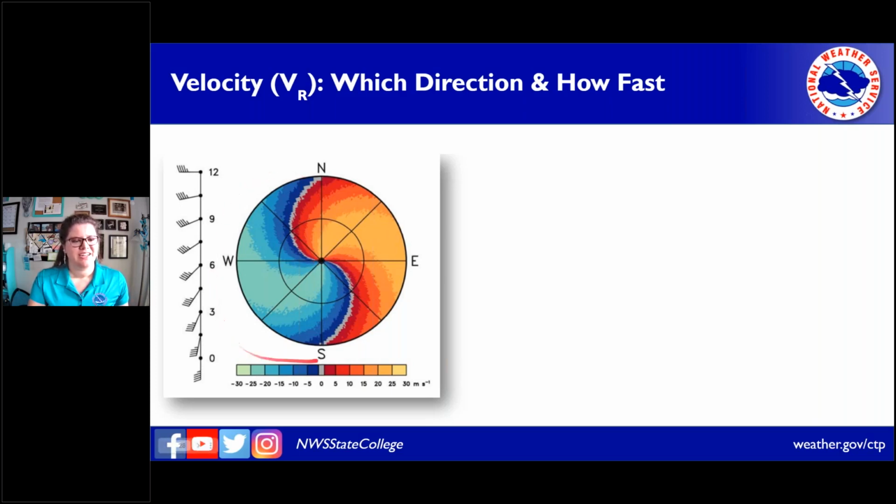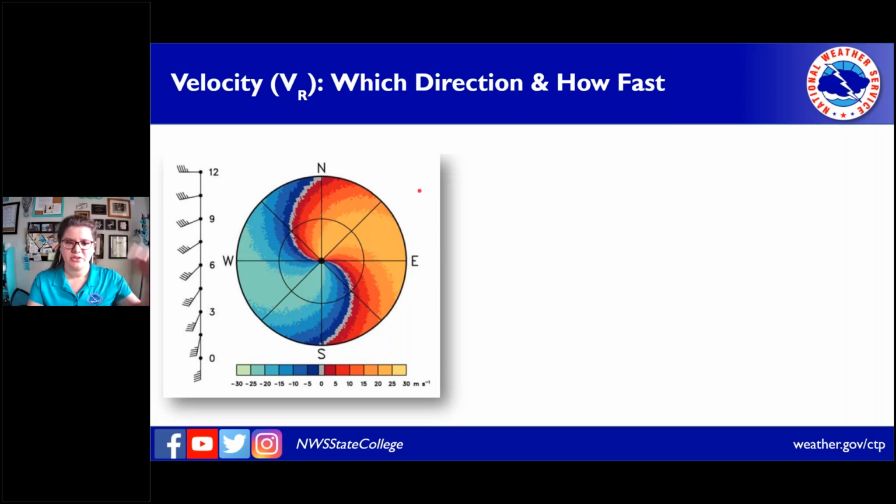But at the very, very upper levels of the atmosphere, if we go all the way out to this outer ring, we can see our blues out here are pointing from west to east, and then our oranges or reds are pointing from west to east again. So that's telling us that we have a west wind at the upper levels, and we can see with this wind barb map with height that that's what's happening. So at the surface we have our south wind, and as we go up in the atmosphere it shifts to a west wind.